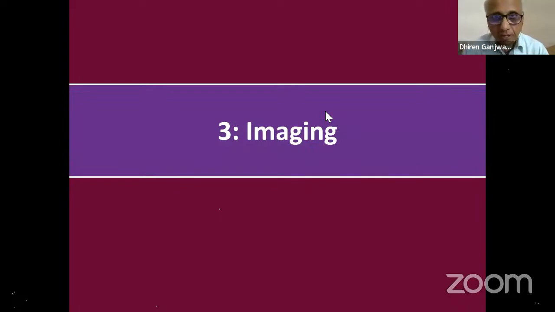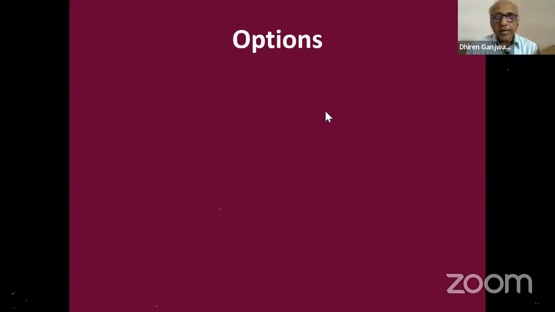Okay, so coming to the third help, that is imaging. Now, India is a country where we cannot go for universal imaging. We cannot recommend imaging for every child. We have two options. The first is radiograph, which is available almost everywhere. And the second one, which is more useful, is sonography.